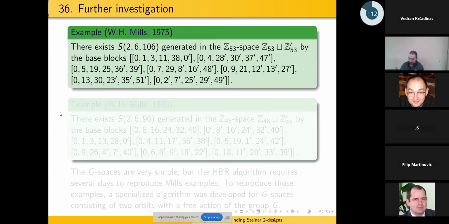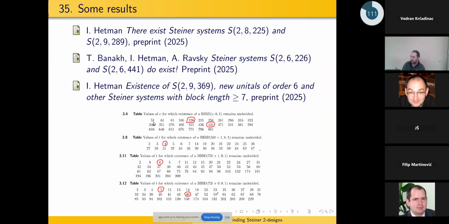Then next, further investigation. There was also one more place in the handbook that left me, how to say, anxious, because there are examples of Mills. He is a very interesting guy. You can see these lists here.